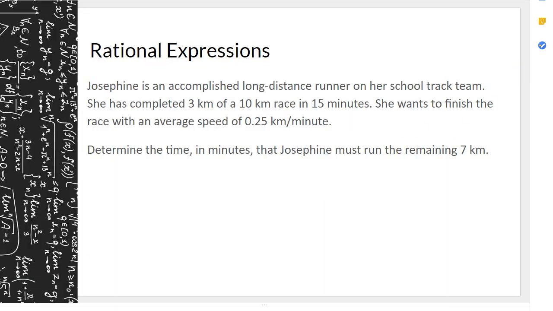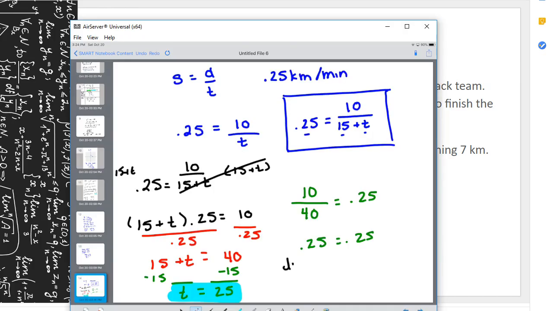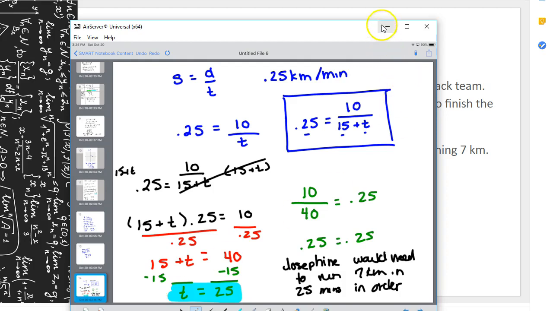Josephine would need to run 7 kilometers in 25 minutes in order to have an average speed of 0.25 kilometers per minute.